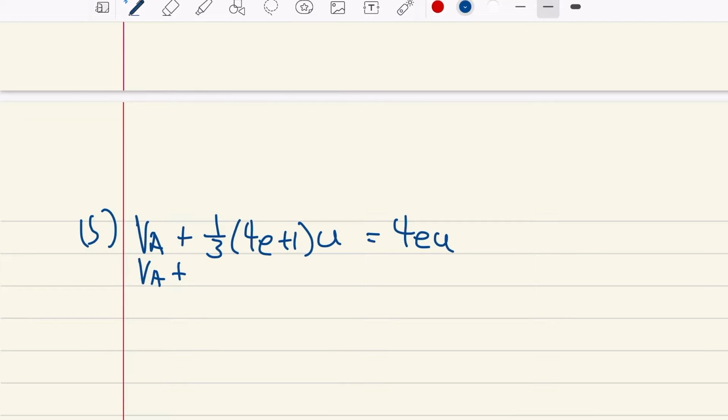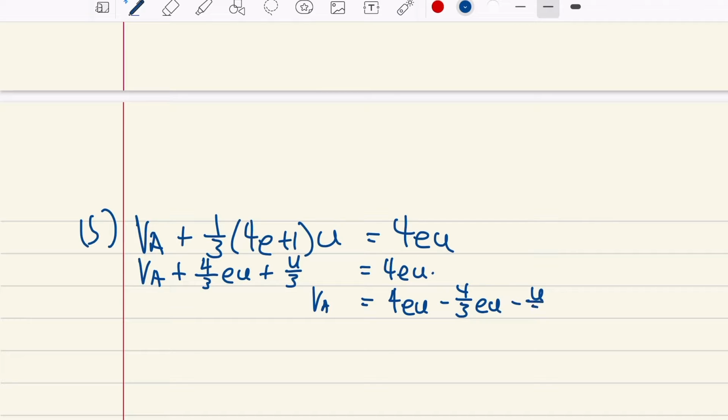So VA plus 4/3 eu plus u/3 equals 4eu. So VA will equal 4eu minus 4/3 eu minus u/3, which is 8/3 eu minus u/3. By factorizing u/3, we get (8e minus 1).